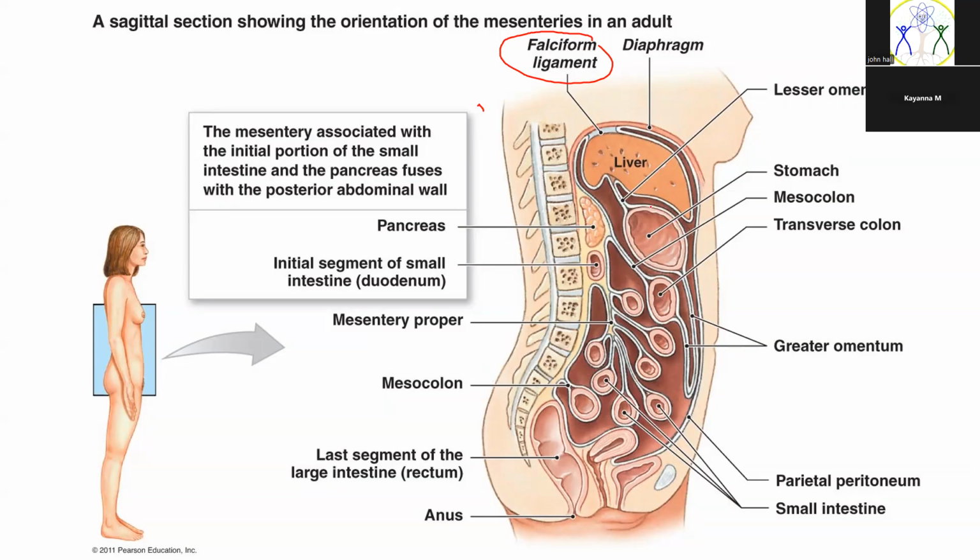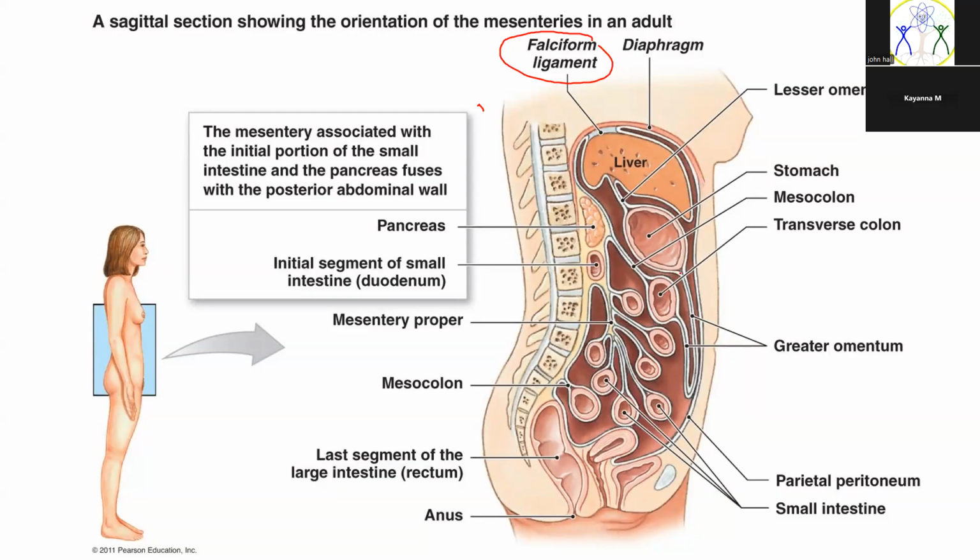Then when you go further down from the stomach, you see another sheet of mesentery that comes down further into the abdomen before it folds up and then surrounds, of course, sections of your intestines.